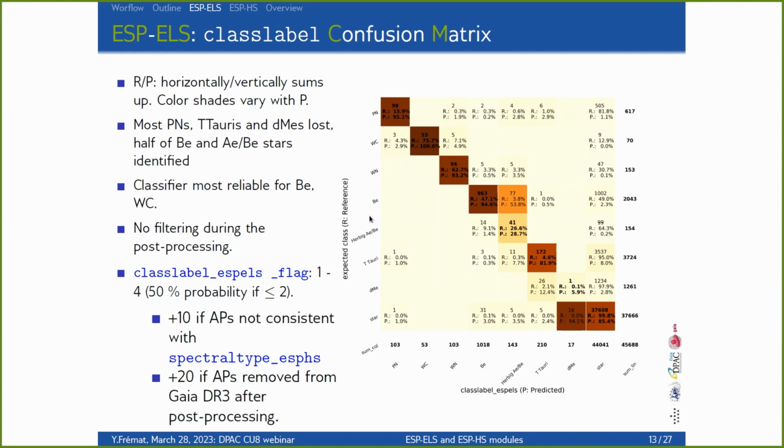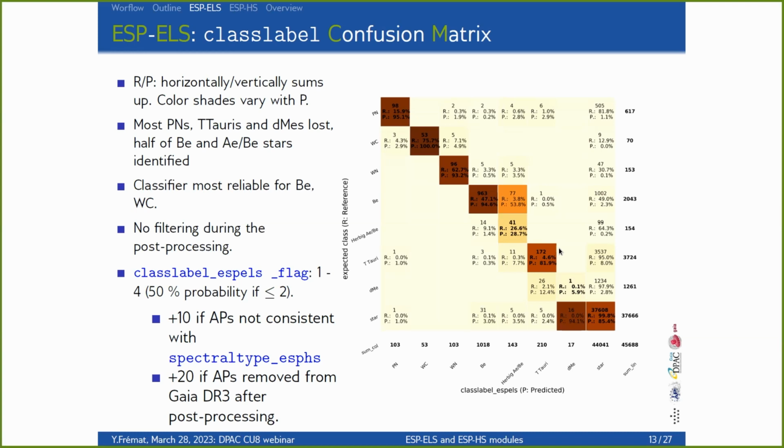So when I talk only about the H-alpha emitters, a significant fraction of these emission line stars have H-alpha emission which is too weak to really pass the detection threshold that has been defined in the ESP-ELS algorithm.